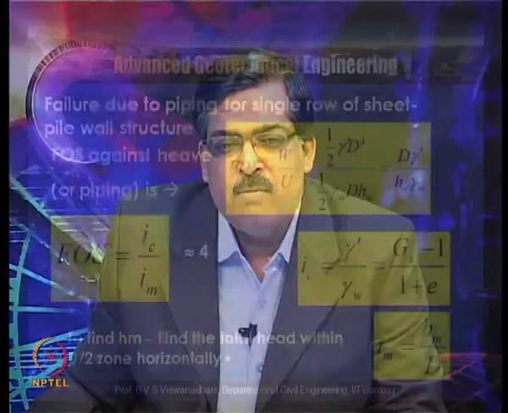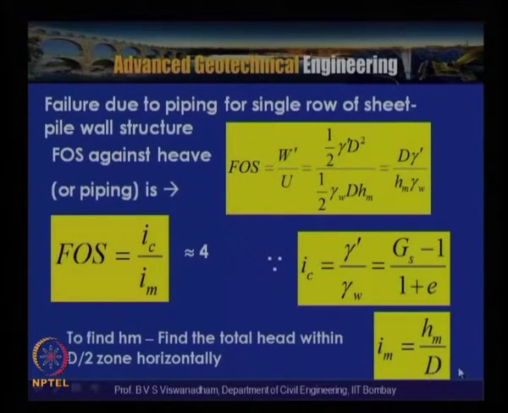To find Hm, find the total head within the d by 2 zone horizontally. This is the procedure for finding Im, which is Hm by d, as indicated here.